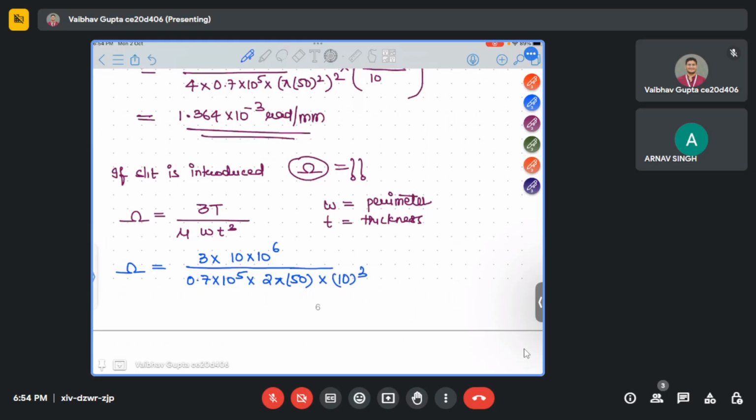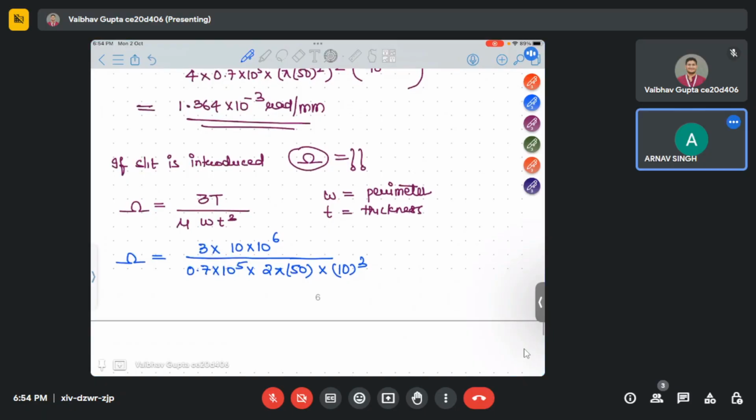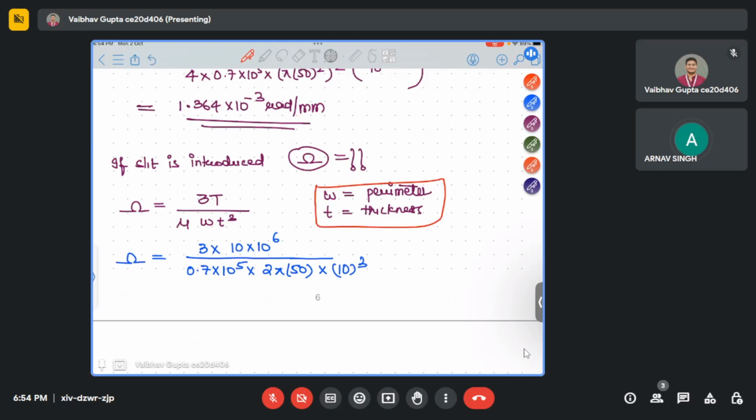Any doubt? No sir, this W, sir, 2 was given. W is 2 pi rm, the circumference, the perimeter. This W is this 2 pi rm.